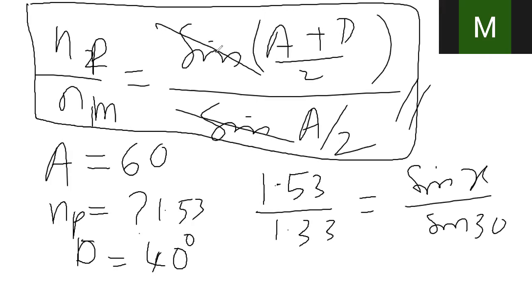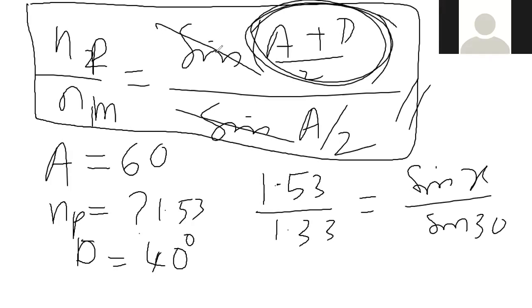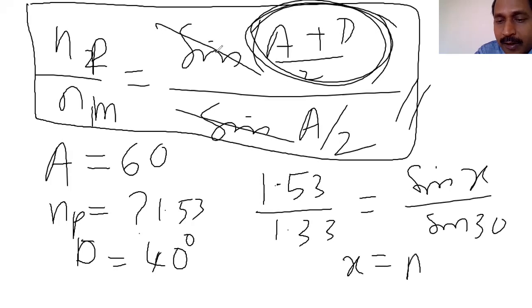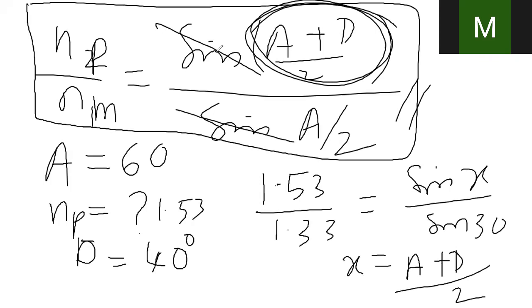I've taken the whole term as x. So you can get x from that. After you get x, go back: x equals A plus D by 2. So done, that's all. Only calculation is there, 1.53 by 1.33.